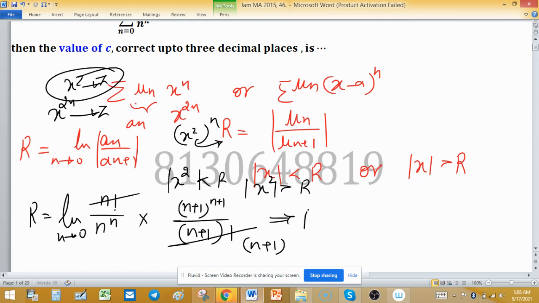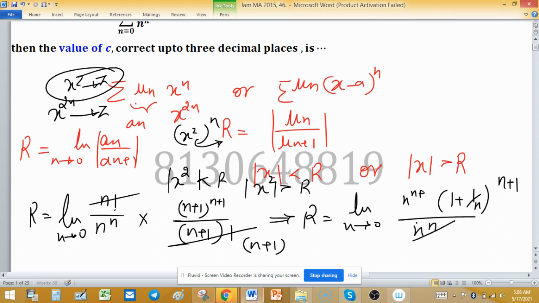So r equals the limit as n tends to infinity of n raised to the power n plus 1, and this is n plus 1 divided by n raised to the power n. It will cancel out with this one, and we have the value n.